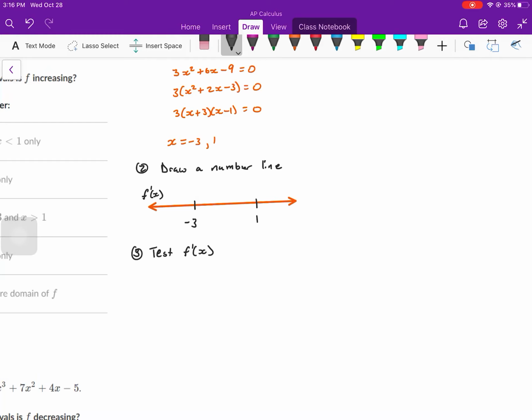So let's test a value to the left of -3. These are x values. So when x is less than -3, let's think about a value. So our function f prime of x. Remember, f prime of x equals, let's use the factored form, a little bit easier.